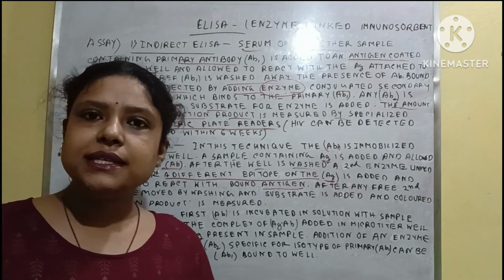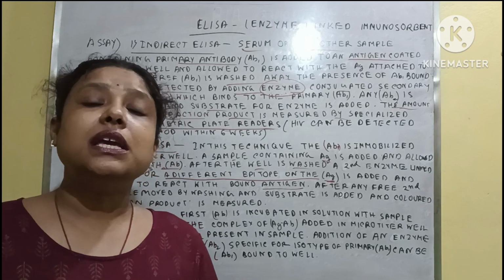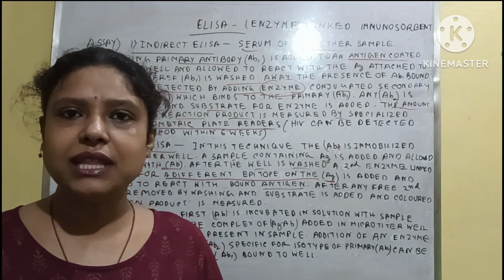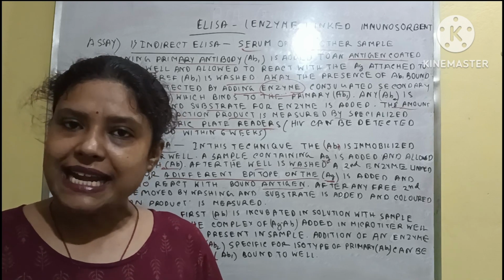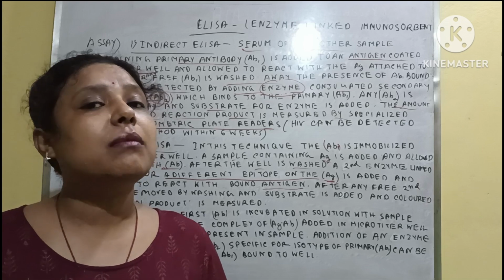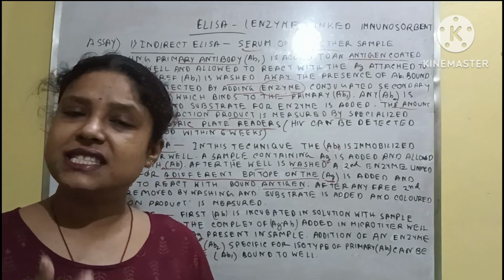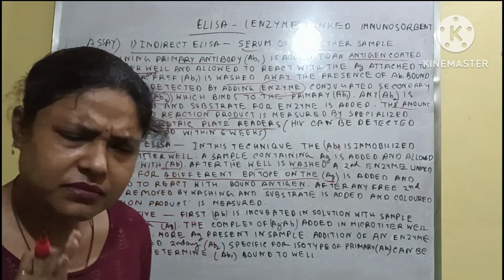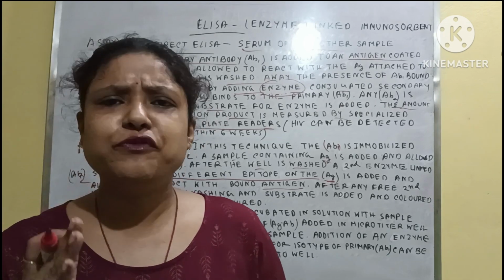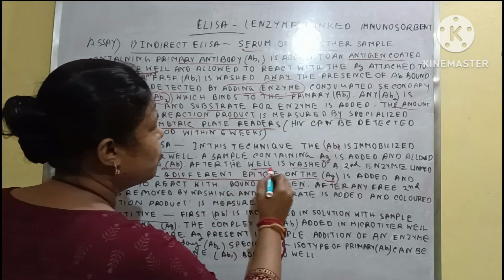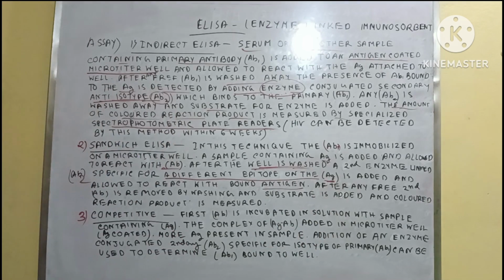So what is happening here? In the microtiter well there is already primary antibody present, and after that the sample containing antigen is added. Antigen-antibody complexes are formed, and now the free antigens, or I think free antibody, must be washed, okay, this must be washed.